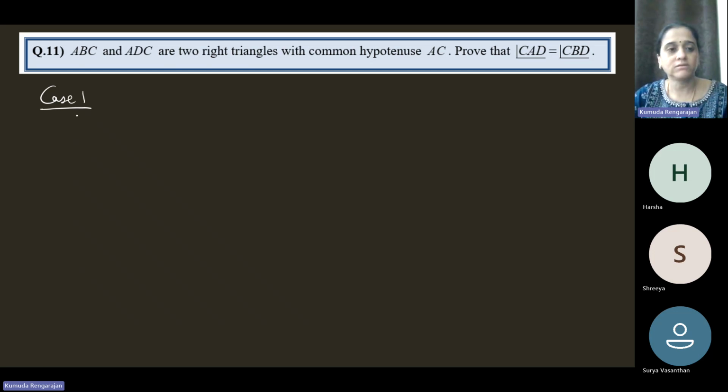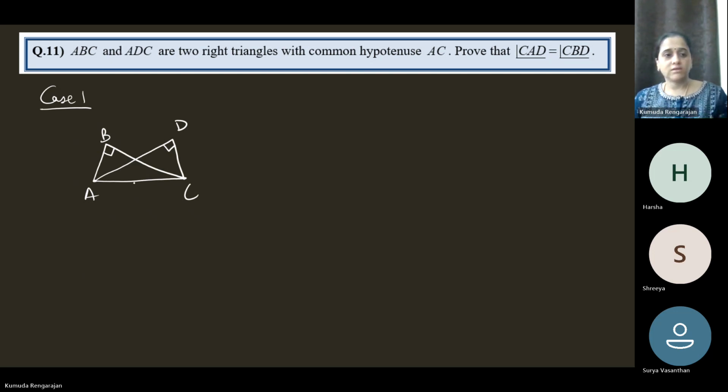Case one. AC is the hypotenuse. ABC, ADC. We need to internalize what is given.